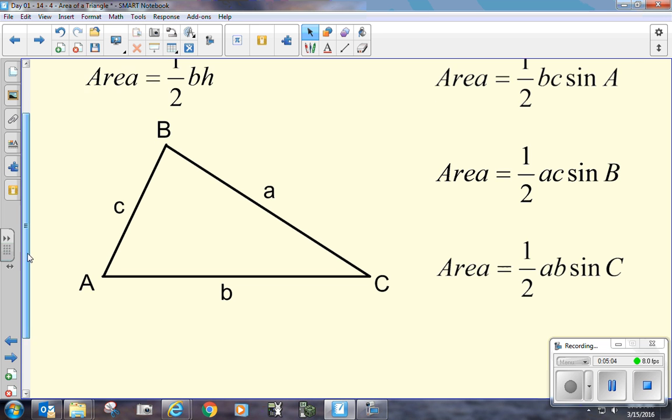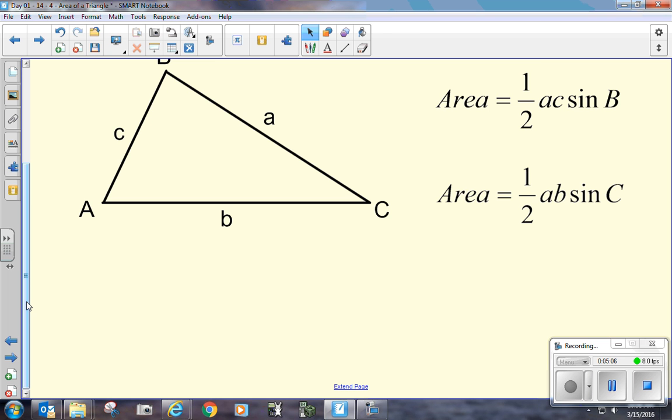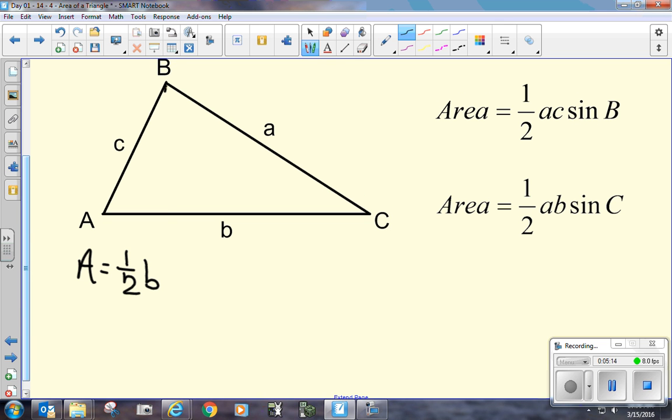If I say the area of my triangle is 1/2 the base, and now I need the altitude or the height. I'm not going to call it h because I don't want to confuse that with hypotenuse in trigonometry.